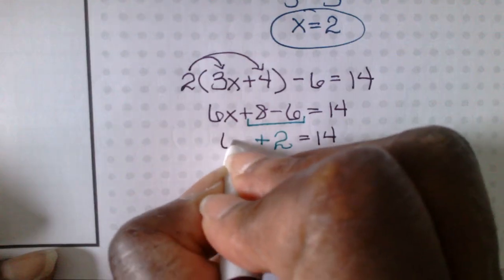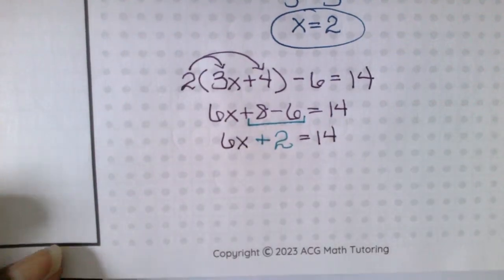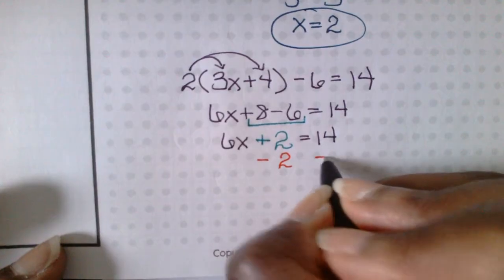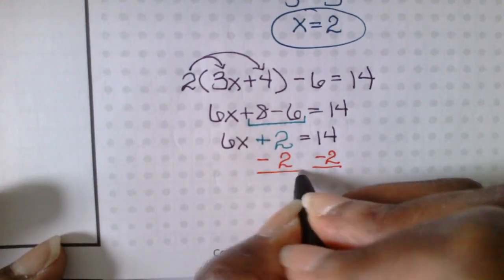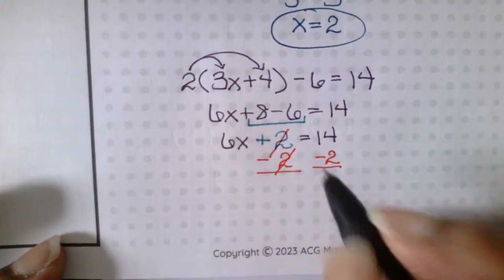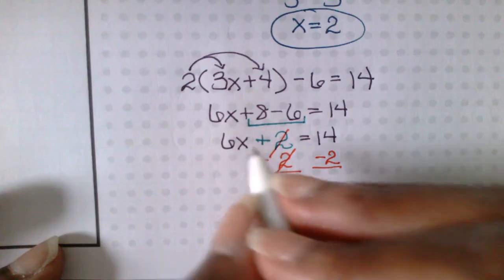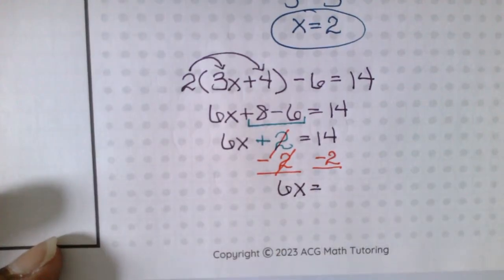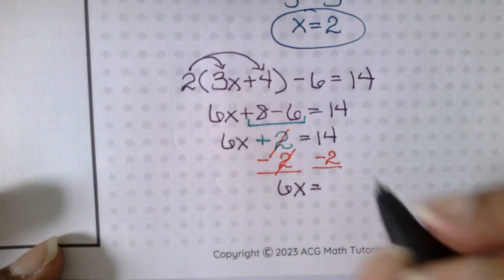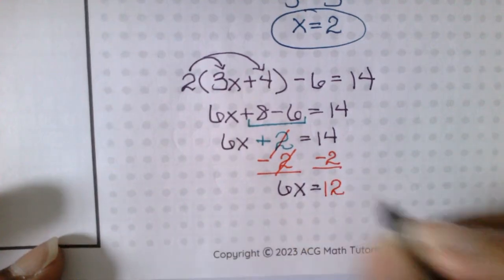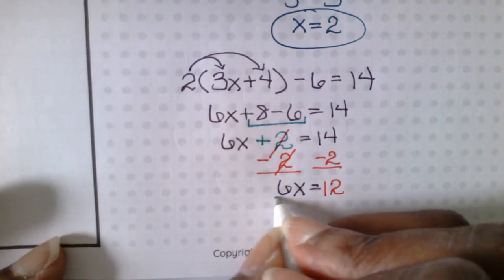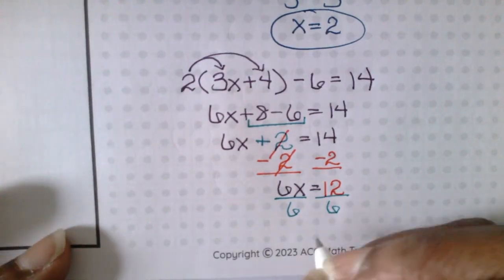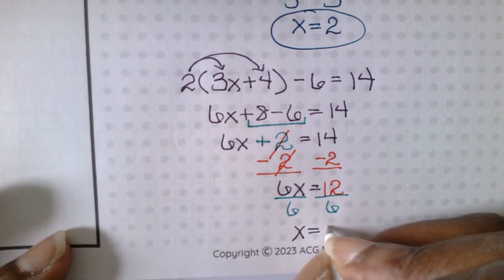So you can bring down the 6x. And then from here, I need to subtract the 2. So positive 2 and negative 2 cancel out to give you 0, but we don't need the 0 because we still have the 6x to bring down. And now you got your 14 minus 2, that gives you 12. And if we divide both sides by 6, you're going to get your answer of x equals 2.